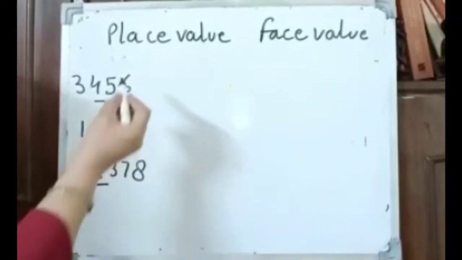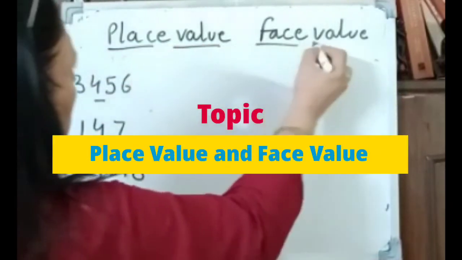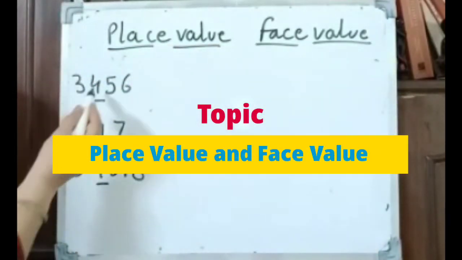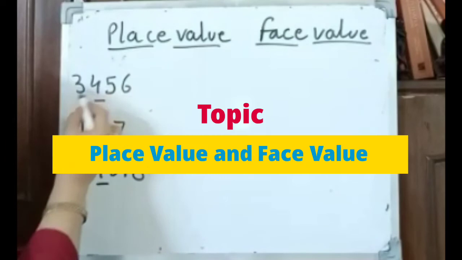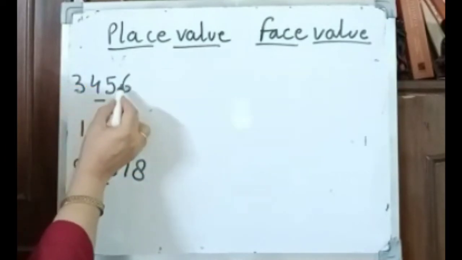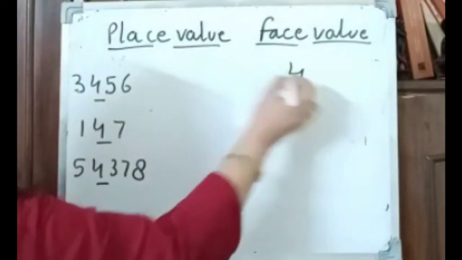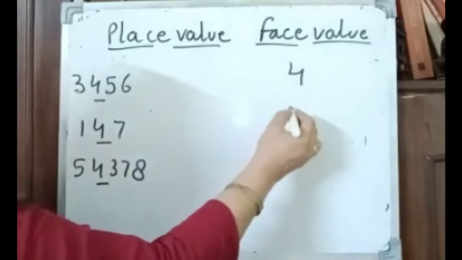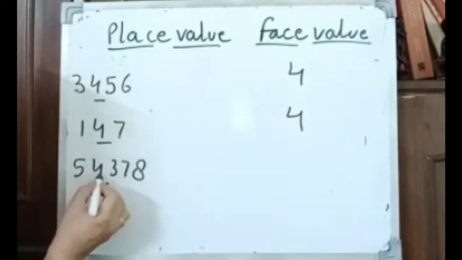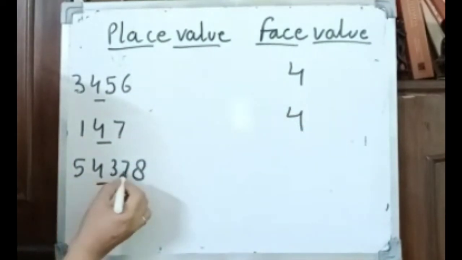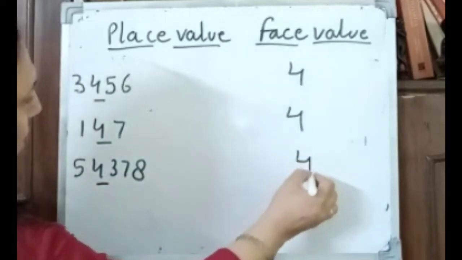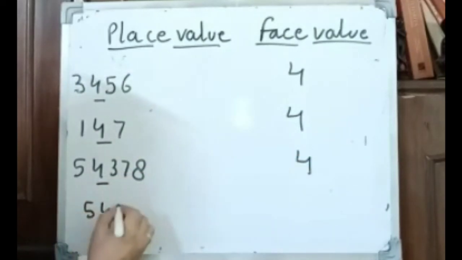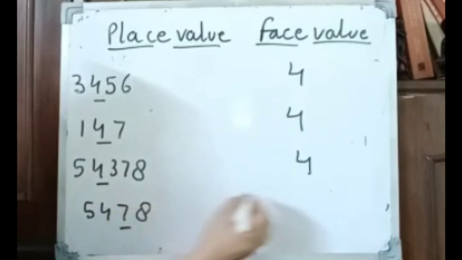So again, at the end, I want to explain place value and face value. Face value is always the number itself. So it is very easy. Here, in 3,456, we have face value 4. In 147, we have place value 4. In 54,378, we have place value 4. Here we have place value 7.